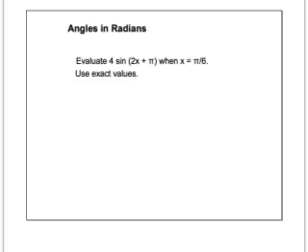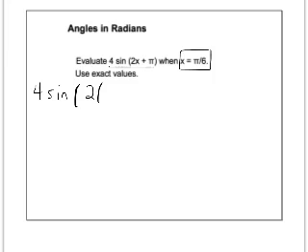Alright, you're going to have some problems where they ask you to evaluate certain equations or expressions. So you have 4 times the sine of 2x plus pi, but they're telling you x is pi over 6. So I have 4 times the sine of 2 times pi over 6, plus pi. So you always do what you would do with any type of problem. Clear the parentheses first. So 2 divided by 6 is going to leave me with 3.